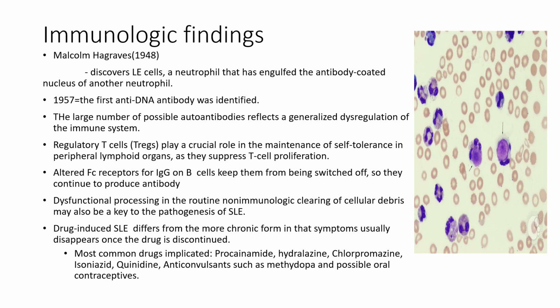Well, in addition, altered Fc receptors for immunoglobulin G on B cells keep them from being switched off so they continue to produce antibody. Dysfunctional processing in the routine non-immunologic clearing of cellular debris may also be a key to the pathogenesis of SLE.